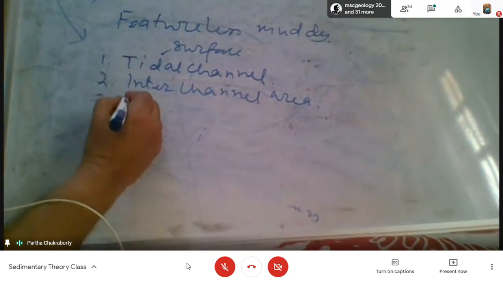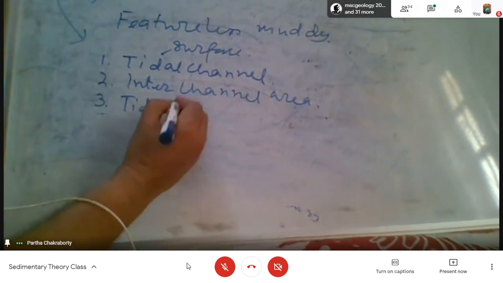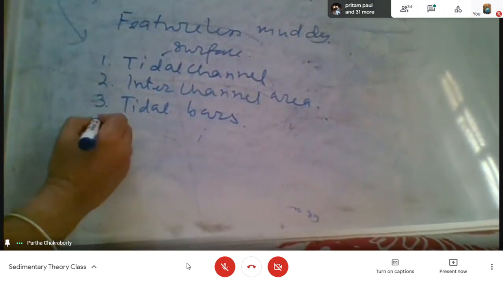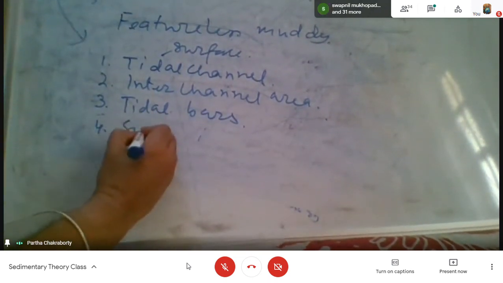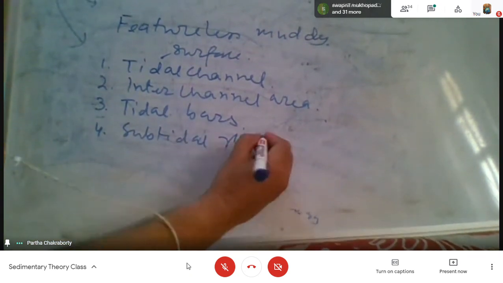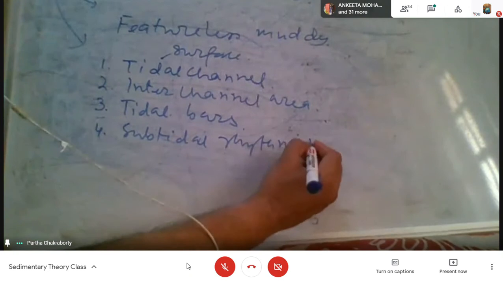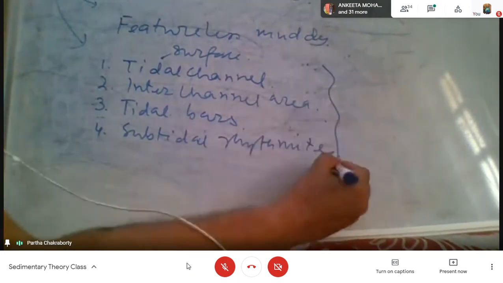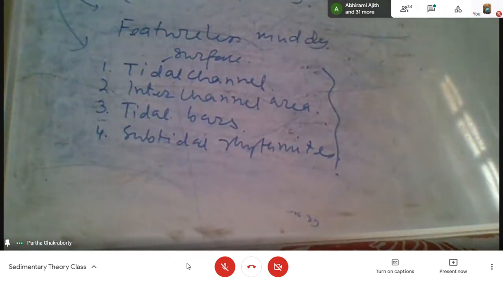Number three, tidal bars. Number four, subtidal rhythmites. These are the common products of a tidal system. So we will discuss what will be the character of these products.